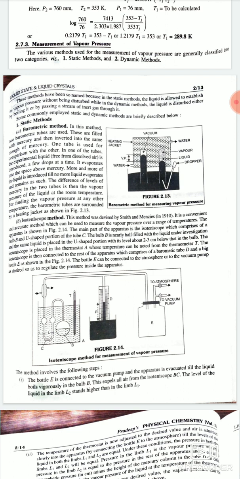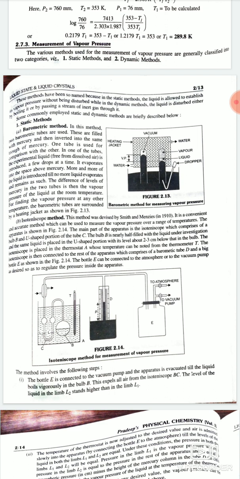Some commonly employed static and dynamic methods are briefly discussed below. First static method, A part, is the barometric method. In this method, two barometric tubes are used. These are filled with mercury and then inverted into the same trough of mercury. One tube is used for comparison with the other. In one of the tubes, the experimental liquid, free from dissolved air, is introduced a few drops at a time.